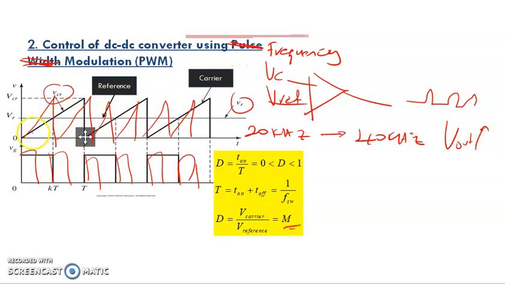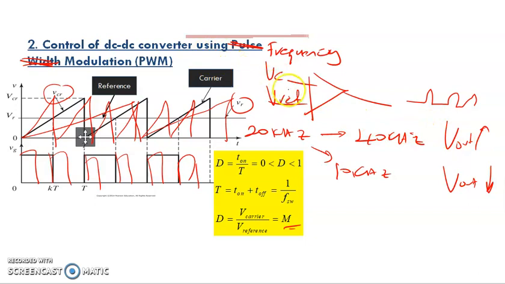And when we expand in terms of frequency, maybe in one cycle we have only a few pulses, so 20 kilohertz maybe reduced to 10 kilohertz, so V out may reduce.